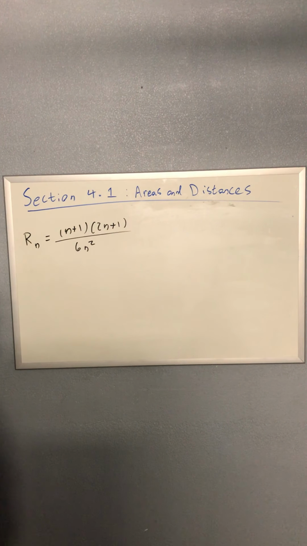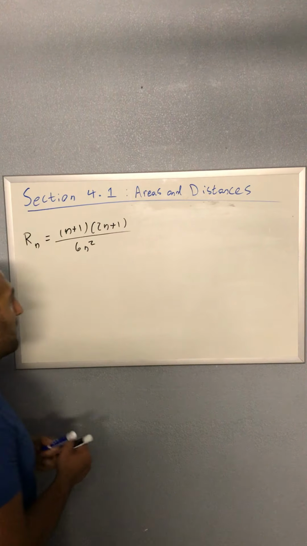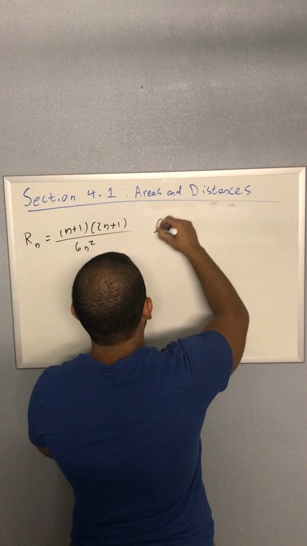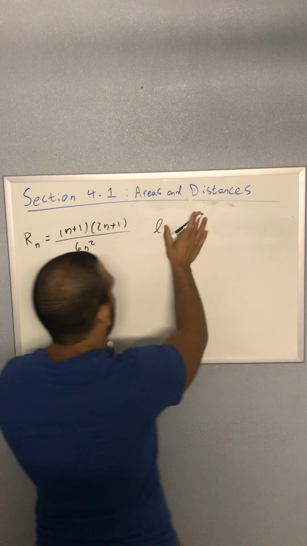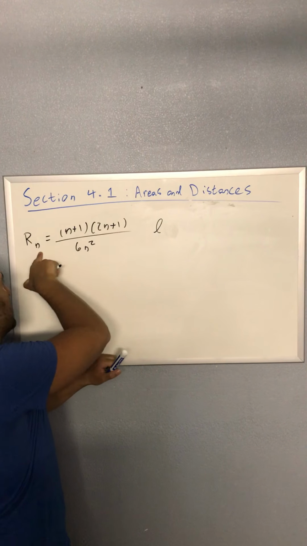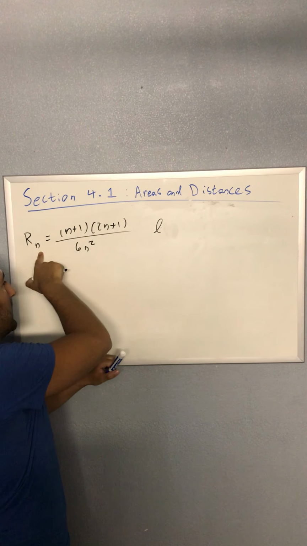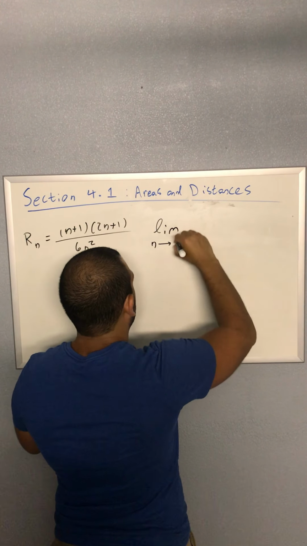Okay, so this is where the idea of the limit comes in. We want to find the limit. So in words we said we want to have basically an infinite amount of rectangles, right? And n dictated the number of rectangles that we had. So we want to take the limit as n goes to infinity.